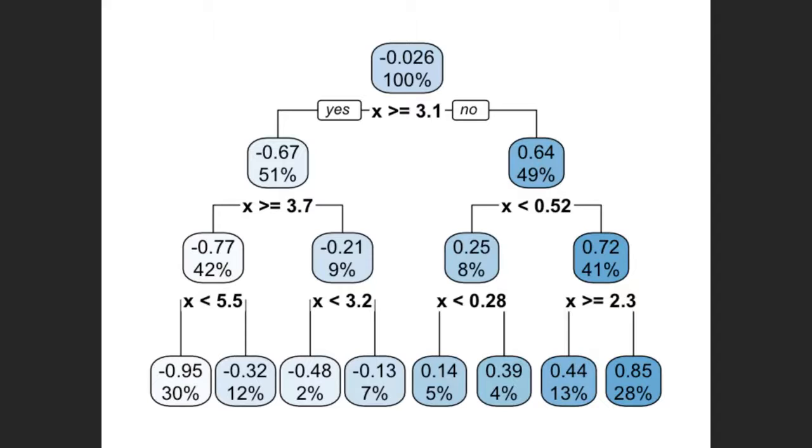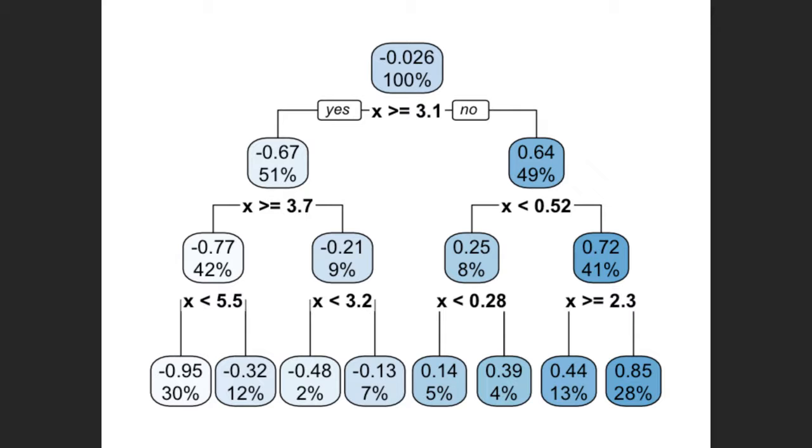Notice that the first split at the top is our decision stump from a moment ago. Now, if the x values are greater than or equal to 3.1, the left-hand side, the algorithm figures out that the next best split is on the question: is x greater than or equal to 3.7?